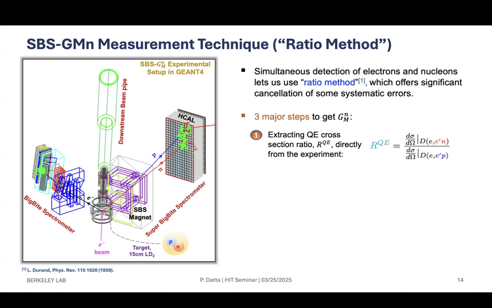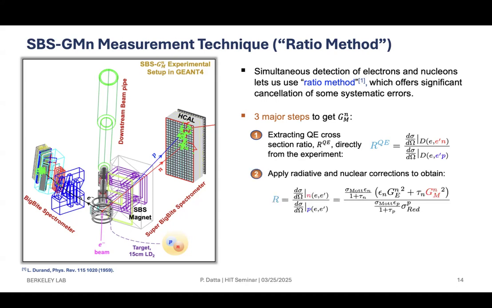First is to extract the quasi-elastic electron-neutron to electron-proton scattering cross-section ratio, RQE, directly from the experiment, and then apply radiative and nuclear corrections to obtain the elastic electron-neutron to electron-proton cross-section ratio, R, which is also known as the Born cross-section ratio. Here I should note that these nuclear corrections come due to the fact that we don't have free neutron targets.